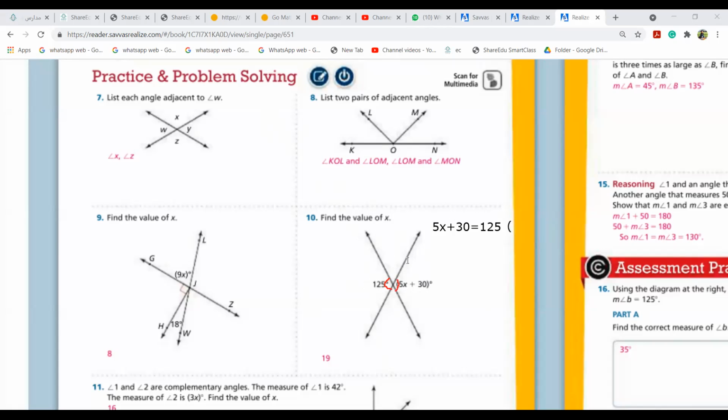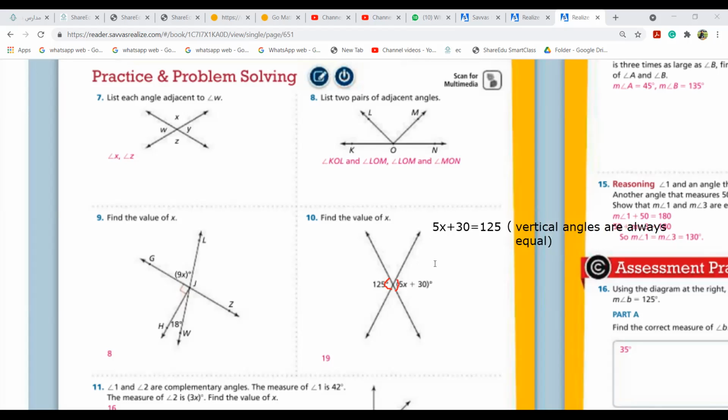If they're beside each other, they are called adjacent. This is vertical because they're exactly opposite to each other. Please write the reason: vertically opposite angles are always equal.